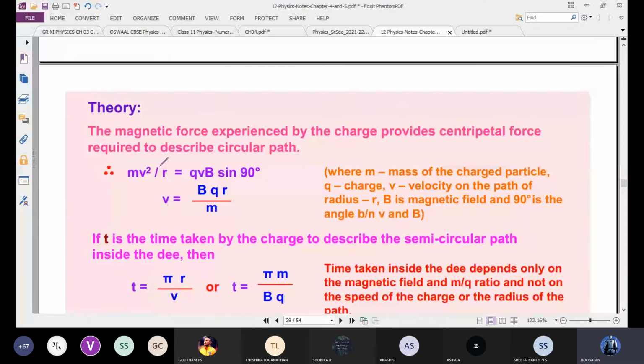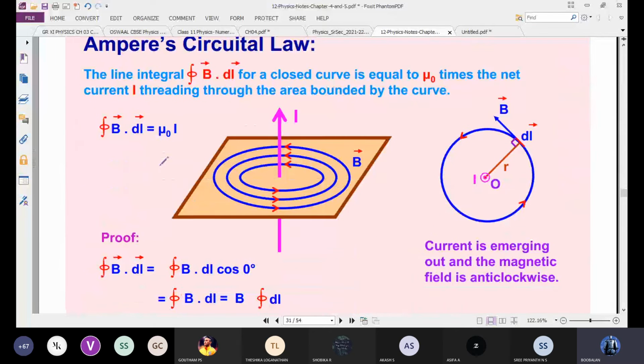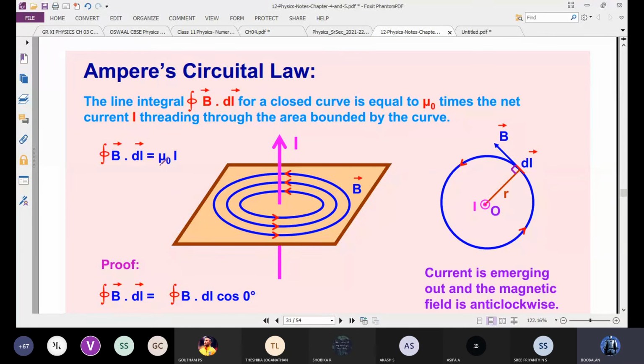So next one, Ampere's circuital law. Ampere's circuital law is an alternative method of Biot-Savart law. What is Gauss law?